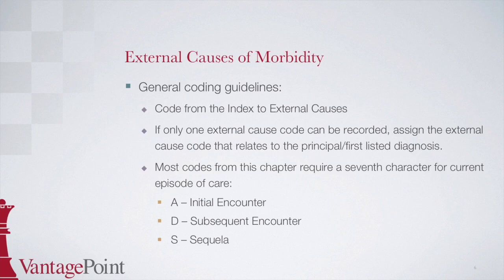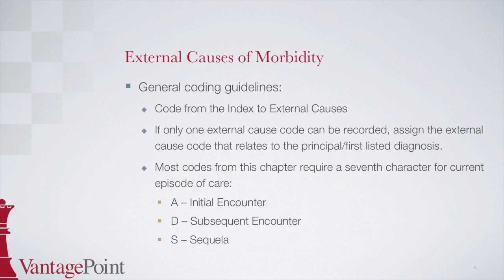And remember, the first code reported would be for the shattered pelvis, as external cause codes are never the first listed code. You're always going to report the injury first. Most codes in this chapter require a 7th character for initial, subsequent, and sequela encounters. You want to make sure your 7th character for the external cause code matches the 7th character for the associated injury or condition.